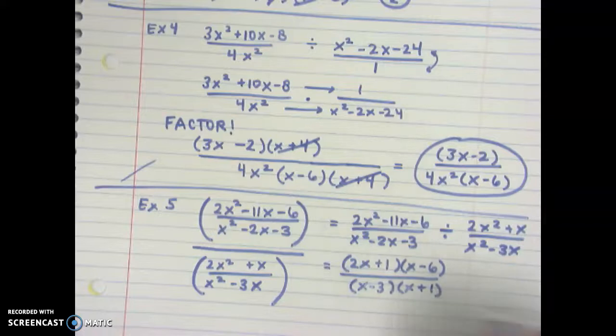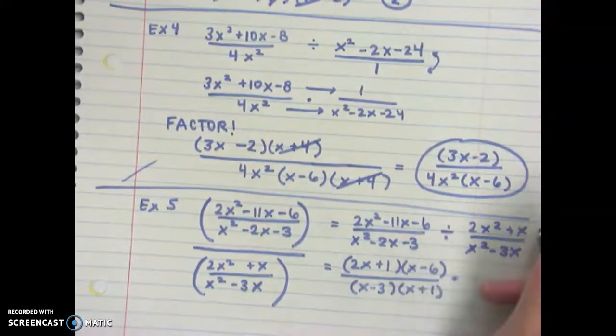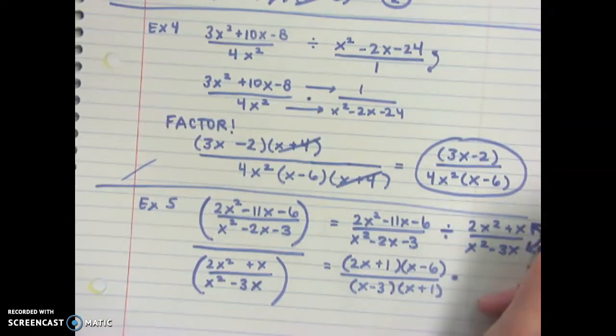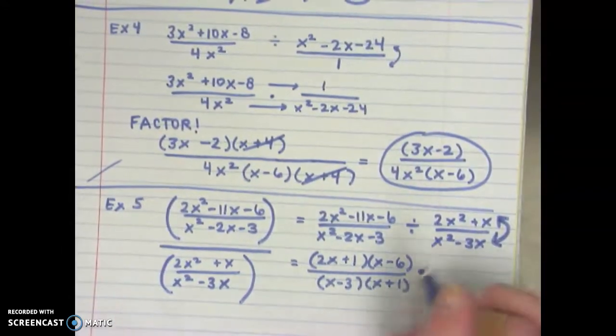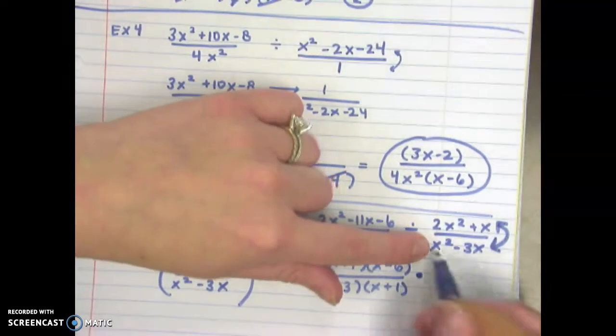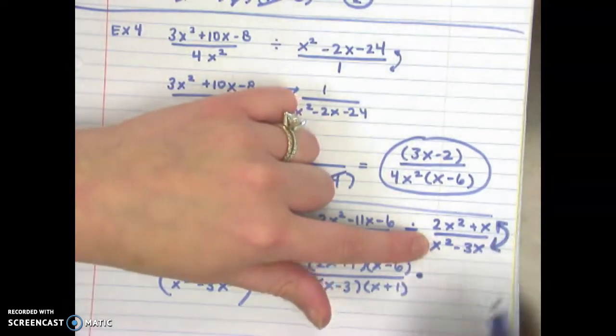Minus 3 plus 1. And I'm going to multiply by the reciprocal.